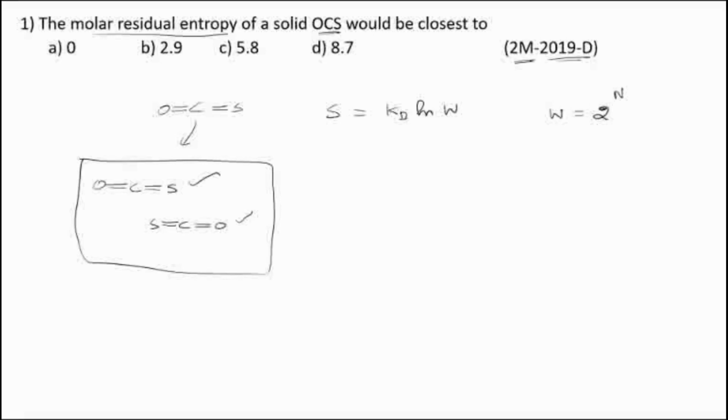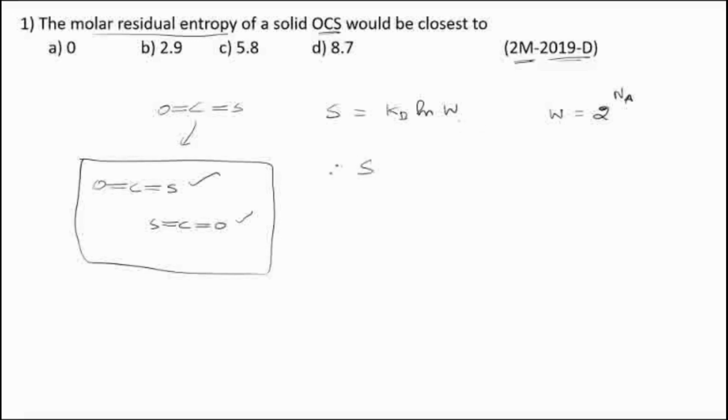Since they are asking molar entropy, this power should be Avogadro number. So 2 power Avogadro number will give you the number of microstates possible for carbon oxysulfide in 1 mole of substance.